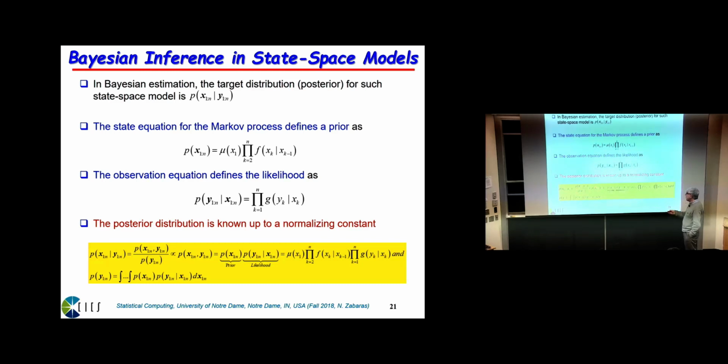If we somehow can get samples from this posterior, that would be great. And we can rewrite this unnormalized posterior as the product of the prior of the states times the likelihood, the probability of the observations given the states, and I'm writing this explicitly like that.